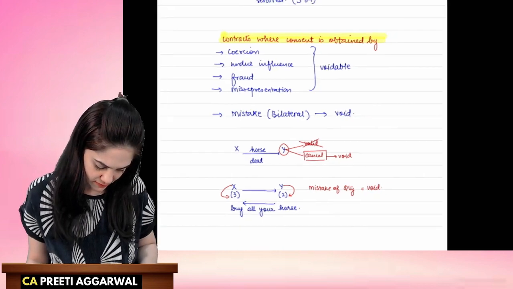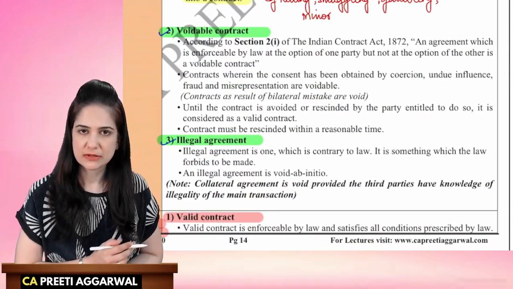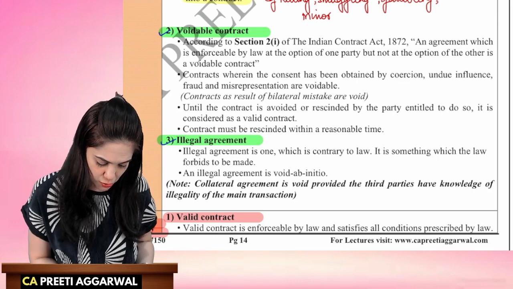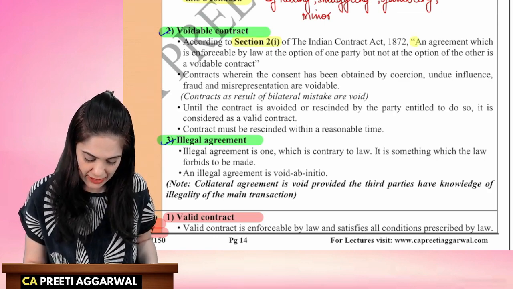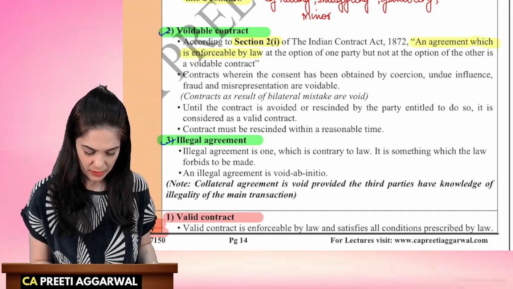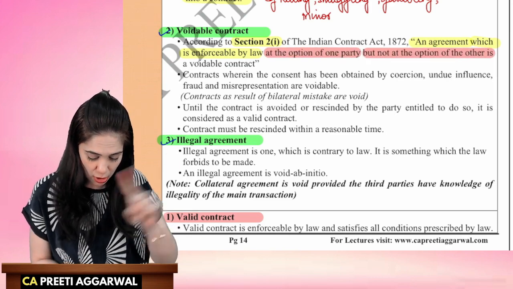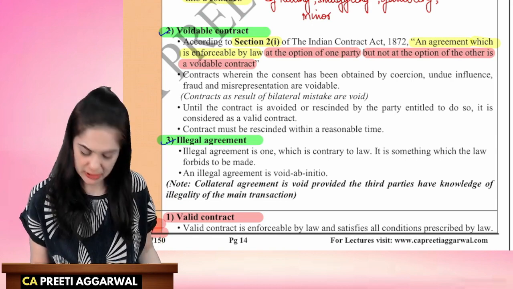All right. Now, let me read all this. We have actually covered every point in that chart. Section 2 clause I defines voidable contract: an agreement which is enforceable by law, but at the option of one party, not at the option of the other, then that contract is known as a voidable contract.